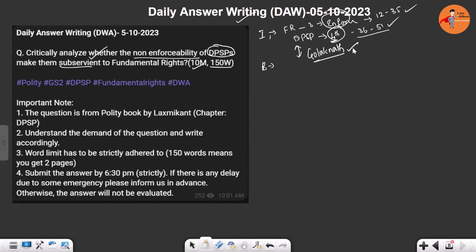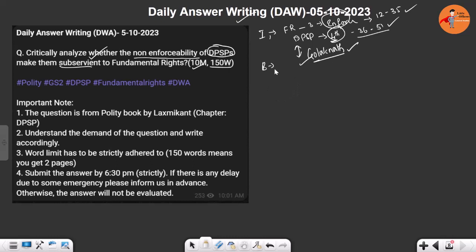In the initial cases, let's say the Golaknath case, the Supreme Court held that fundamental rights are absolute. They cannot be abrogated or amended in order to implement these directive principles of state policy. Then of course there is this entire tussle between judiciary and the legislature.